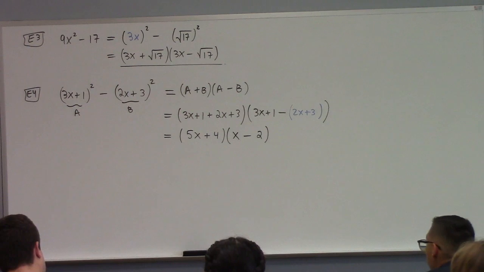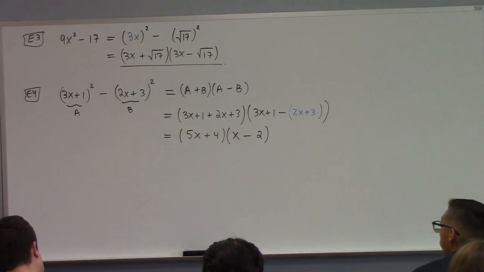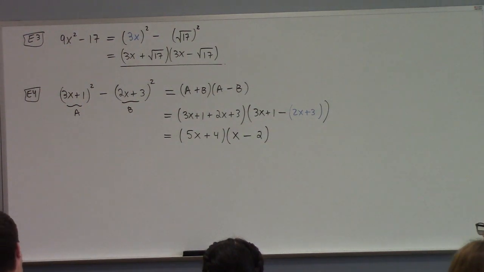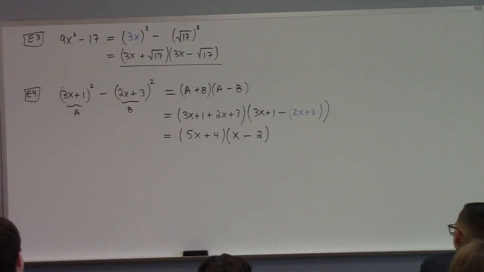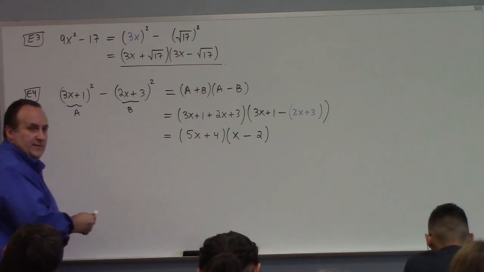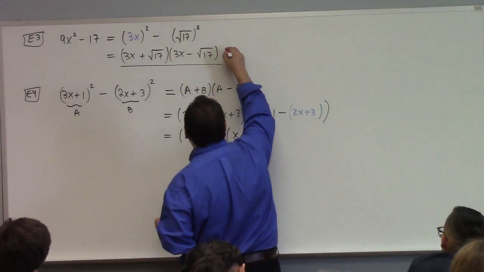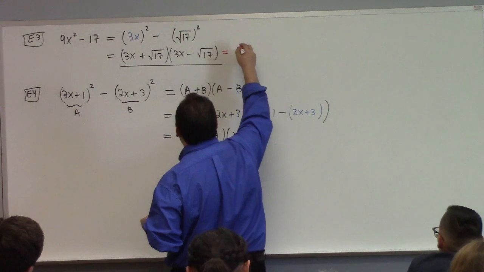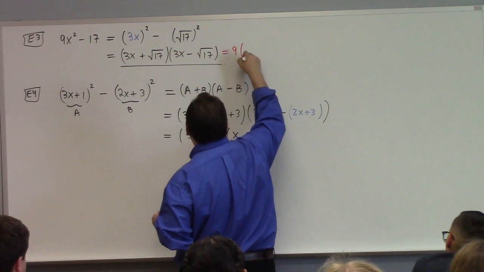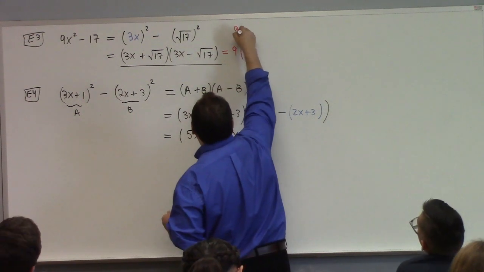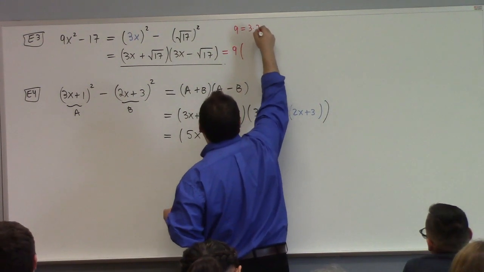Now sometimes I want to factor a number out so that I only have x's in my factors. Do you guys know how to do that? They're already factored, right? But let me show you another algebra step that we can make. One additional step would be to factor out a 9, and 9 of course is 3 times 3.